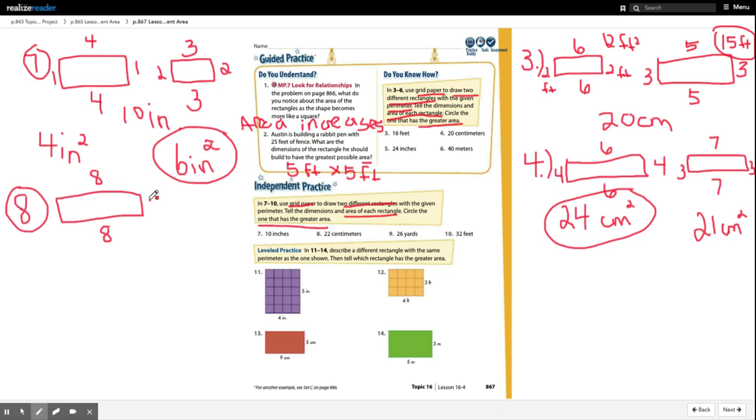If you're thinking 3, you're right. So 16, 8 plus 8, 16, plus 3 is going to give us 19, plus 3 more is going to give us 22. But we're not done yet because it wants us to find 2 different rectangles with the same perimeter. So stop and think of another rectangle that has the same perimeter.